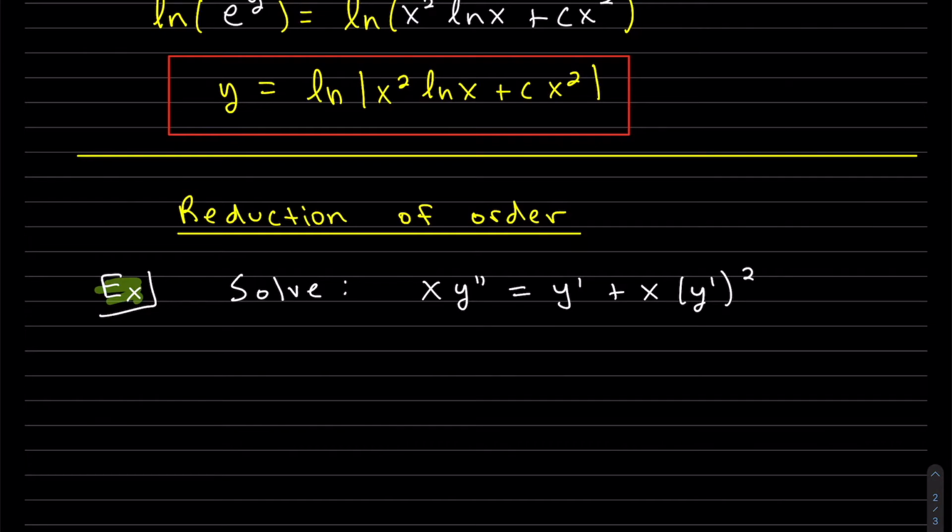So here we have a second order differential equation. First time we've solved that, but we are in a chapter that's linear. So our goal is to reduce the order of it by some substitution.